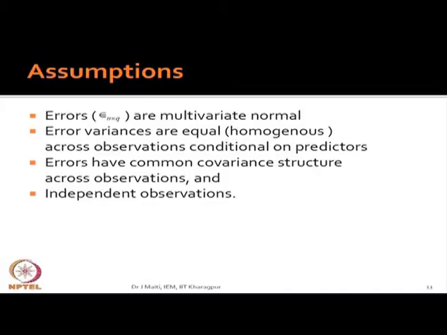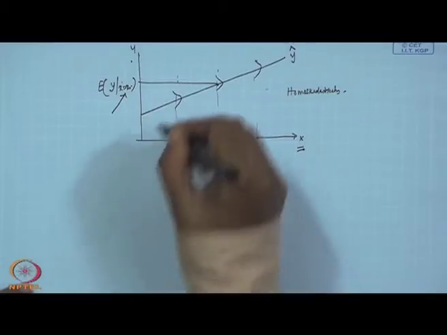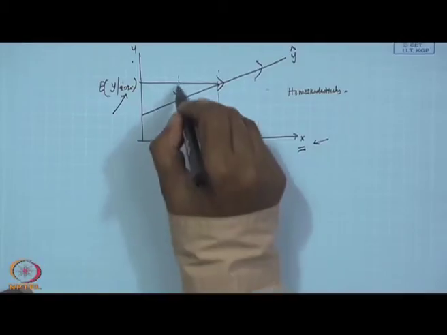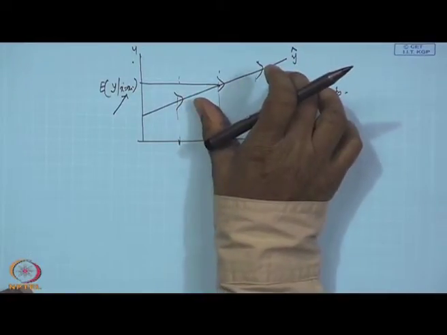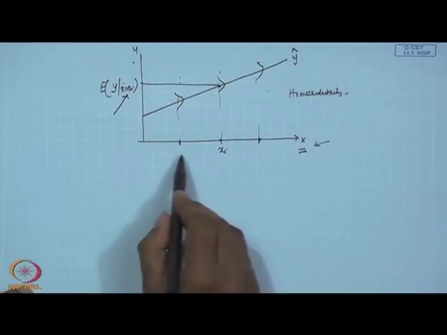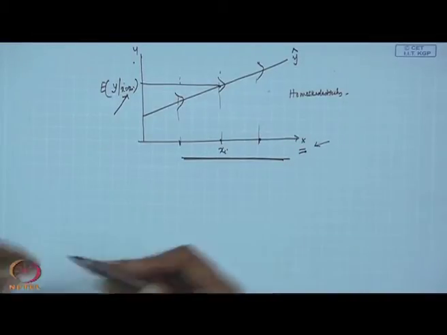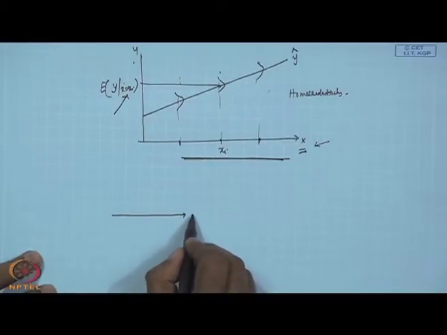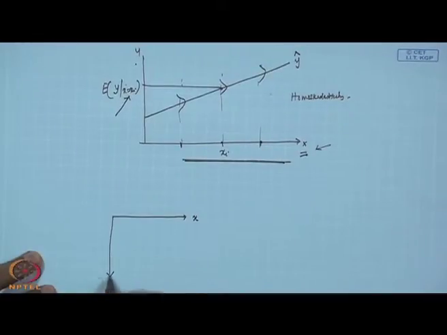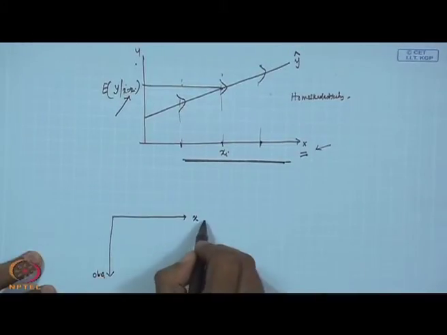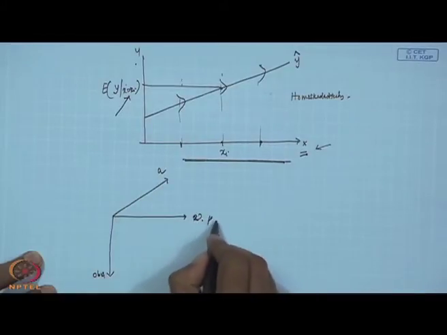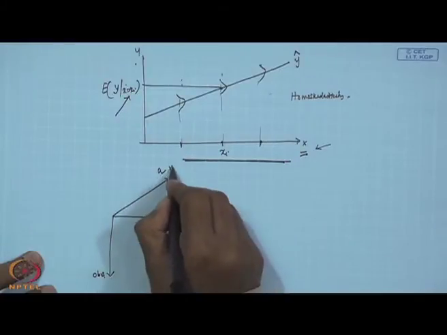This is another assumption. Please understand that when we talk about MLR, we talk about across observations of x, error variances are equal. But here what is happening, your x side remains the same, but the y side is now multiple. What I mean to say is, this is my x, suppose these are my observations, these are the x variables, but you have p number of x and q number of y.